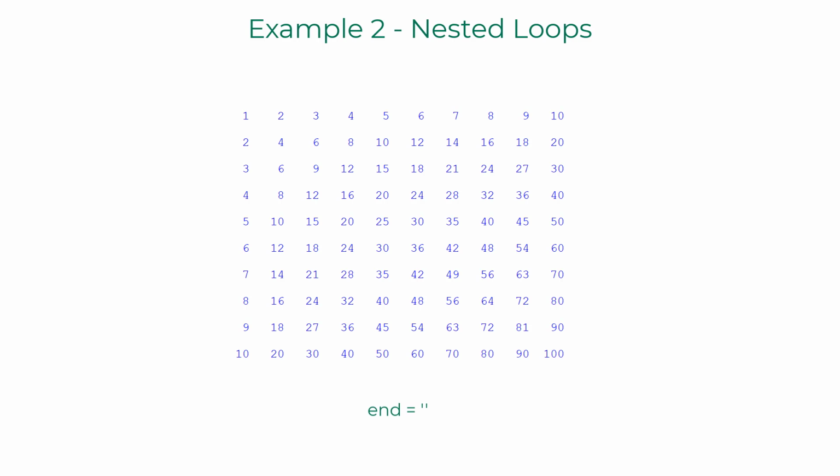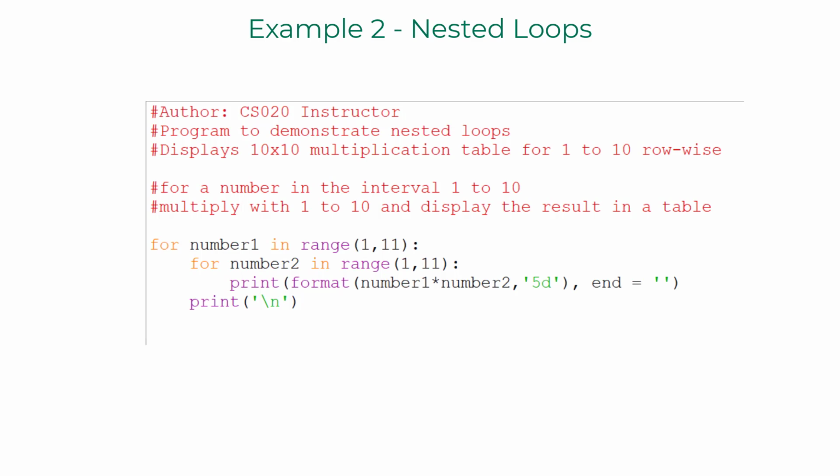So we will have to set the end argument in the print function to an empty string. Once we finish executing the inner loop, we have to go to the next line. That is when we have to display a new line character using the print function. Okay, so with this knowledge, let's try to rewrite the code, and this is what I've written.